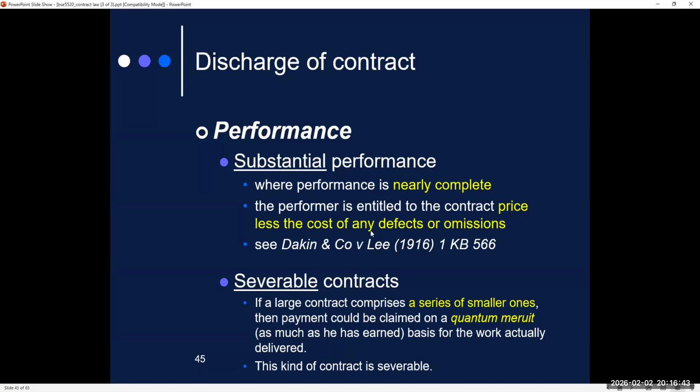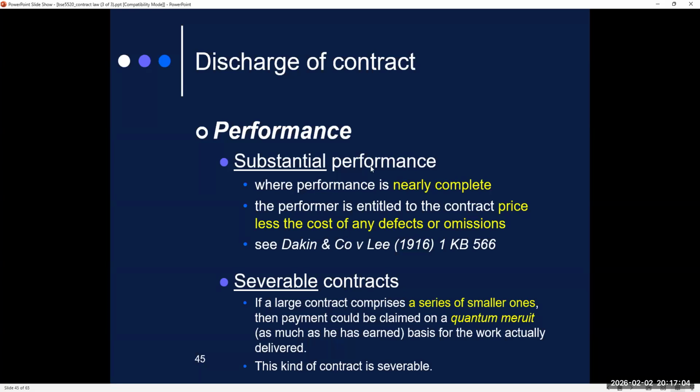There may still be some defects in a construction project. It's very often that we still have defects even when a building is occupied. We allow some time for the contractor to rectify the defects.